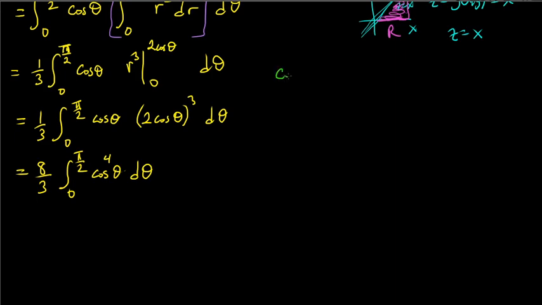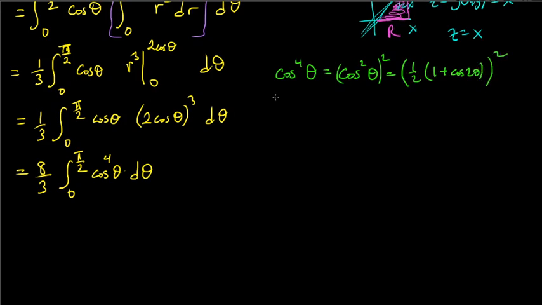So what can we do with cosine to the 4th? Well, it's really just cosine squared, squared, right? And we know what cosine squared is, right? That's just 1/2 times 1 plus cosine of 2 theta.